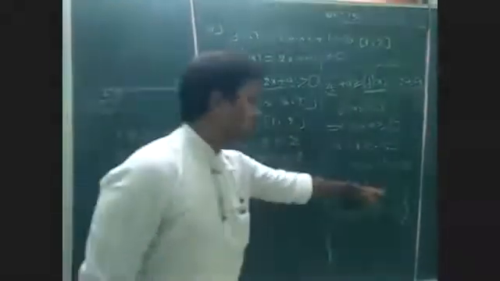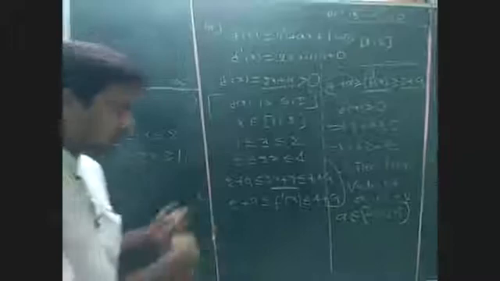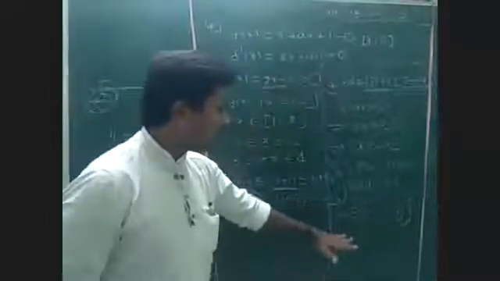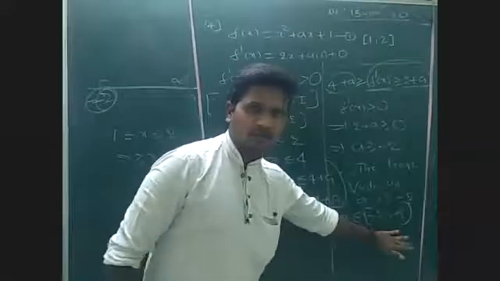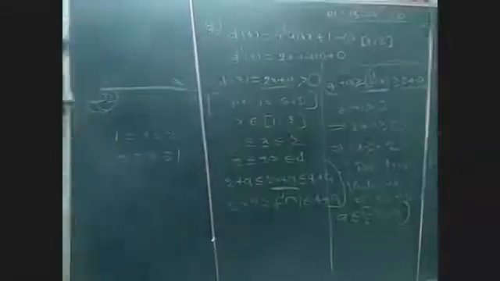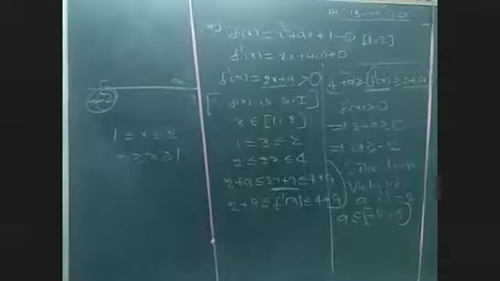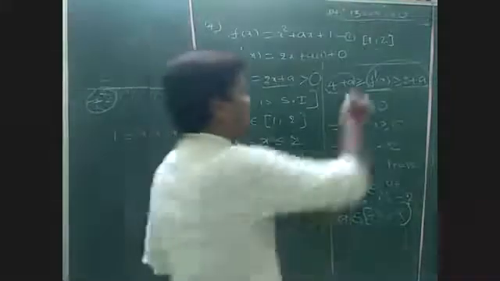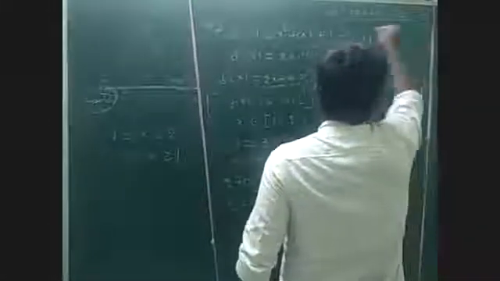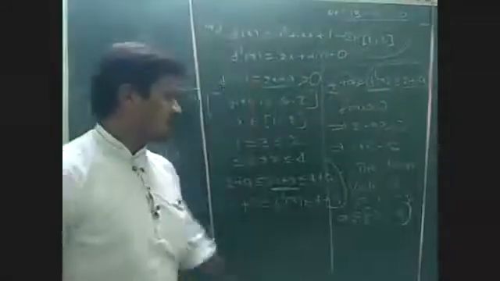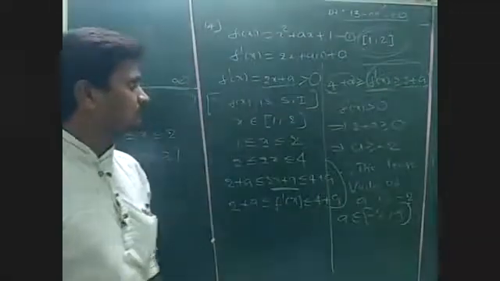But the least value is minus 2. If it is an interval, we can write a belongs to minus 2 to infinity. If they ask for the least value of a, minus 2 is the right answer. If they ask for what values of a, then minus 2 to infinity is the right answer. So this condition, the interval, is very important, and based on that we find the value of a.